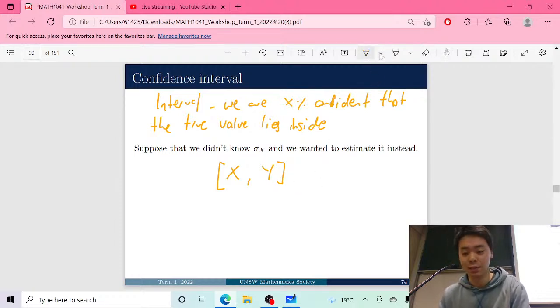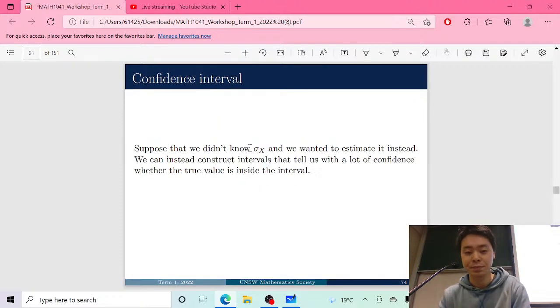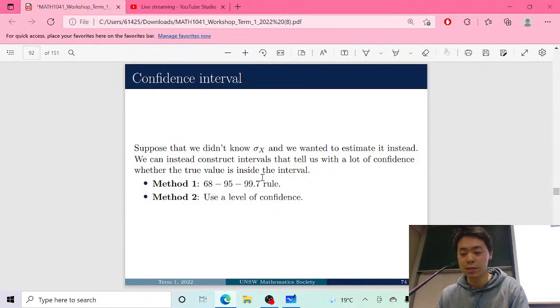Cool. So this is one way to estimate an unknown parameter. We can instead construct intervals that tell us with a lot of confidence whether the true value is inside the interval. There are sort of two ways of doing this. The first way is more or less an estimation or an approximation.